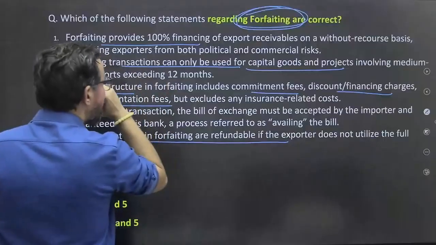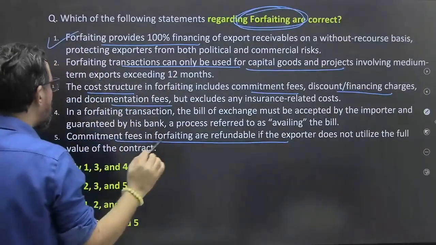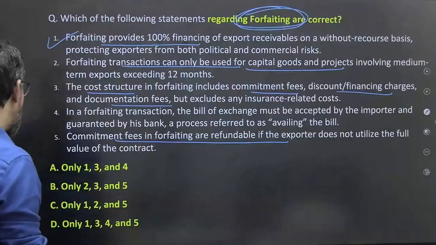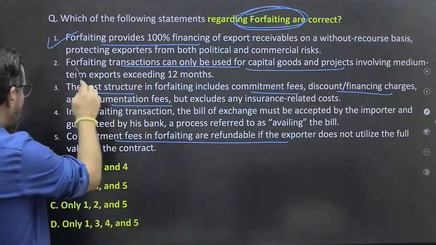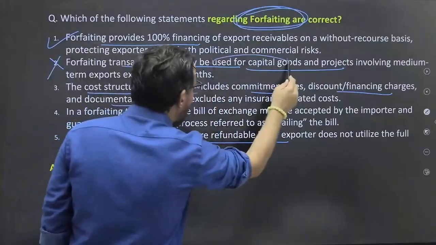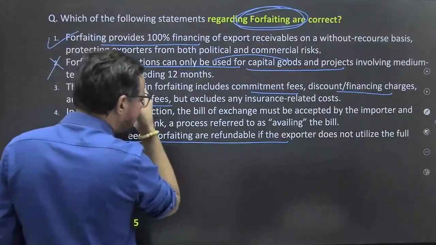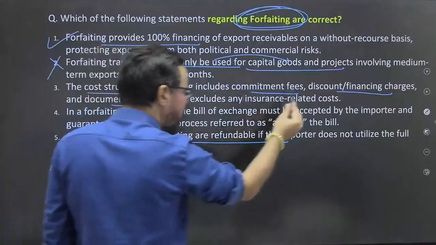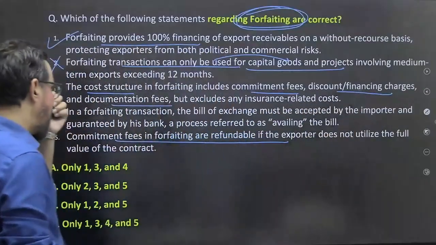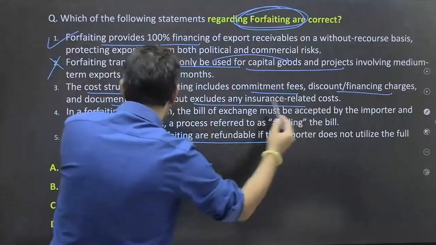Forfeiting provides 100% finance of the export receivables without recourse, backed by LC. Okay, so it is backed by LC. Statement 2 is wrong: transaction can only be used for capital goods. No, the cost structure in forfeiting includes commitment fee, discount and financing charges, documentation fee, but excludes any insurance related cost.